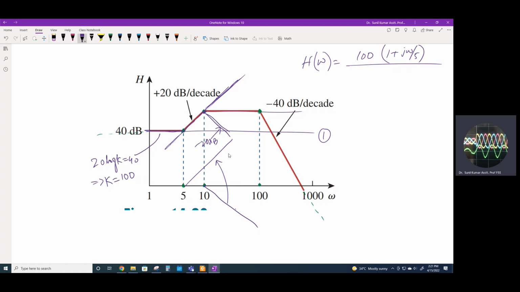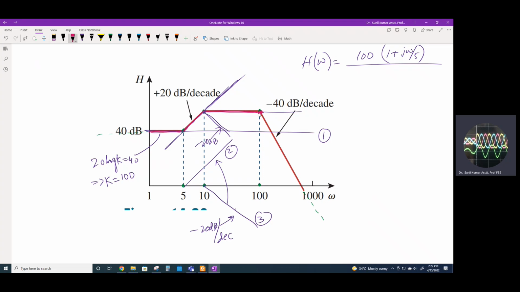This is line 2, this is line 3 at omega equals 10, and the slope will be minus 20 per decade. So this makes the resultant horizontal once again.